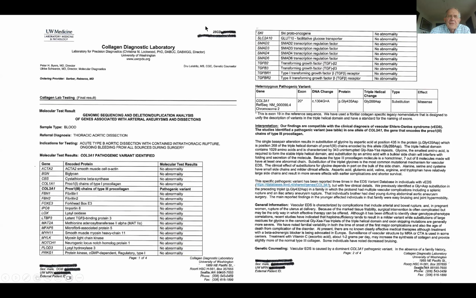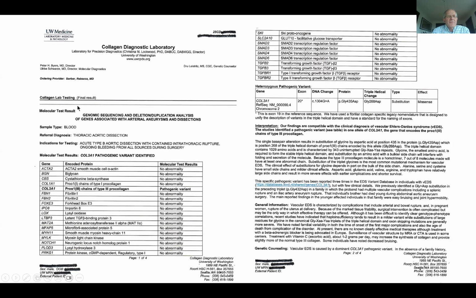So the first is an identifier. And up here in the upper right-hand corner of the left page is the laboratory identification number and the patient name, which I've redacted, director and so forth, and then the genetic counselor who's been involved in it.